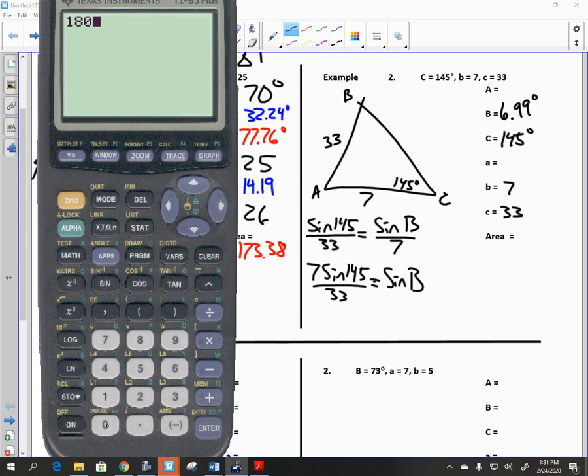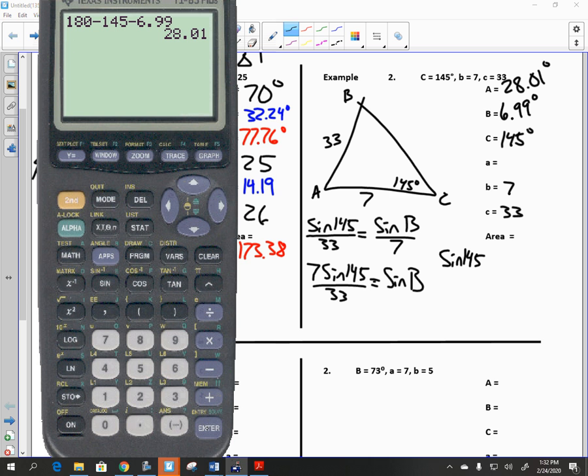So 180 minus 145 minus 6.99 is 28.01. Can we now find side A? How?